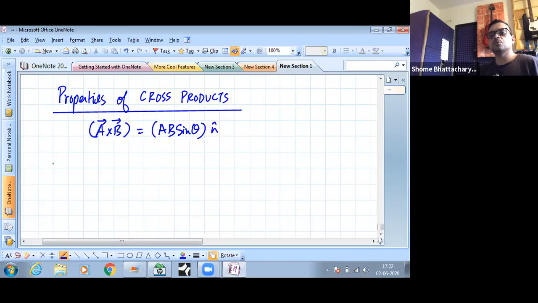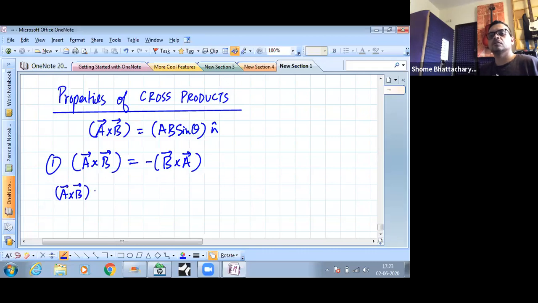One very interesting property is that if I compare A cross B with B cross A, I'll see that they are not the same. They are this. Okay, let's understand why. Because A cross B is AB sin theta n cap. Okay. Now suppose in my diagram A and B are like this.